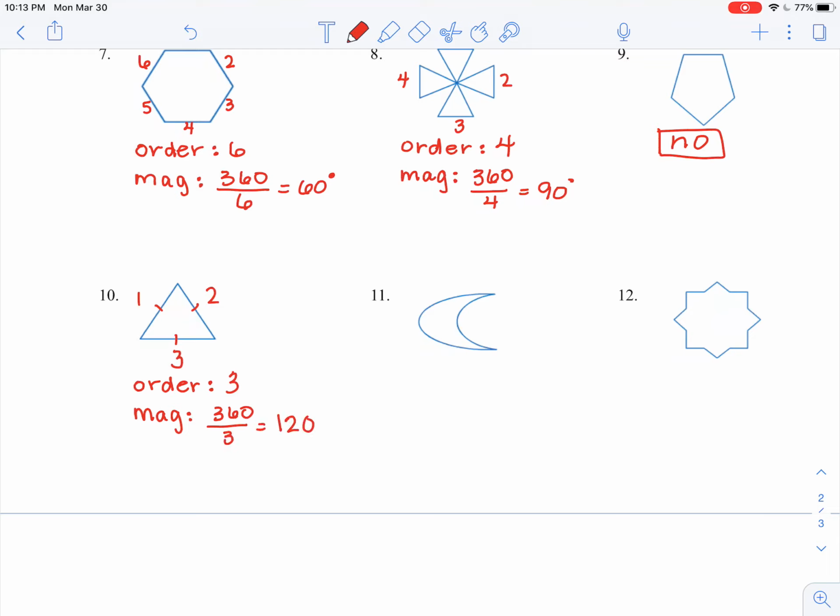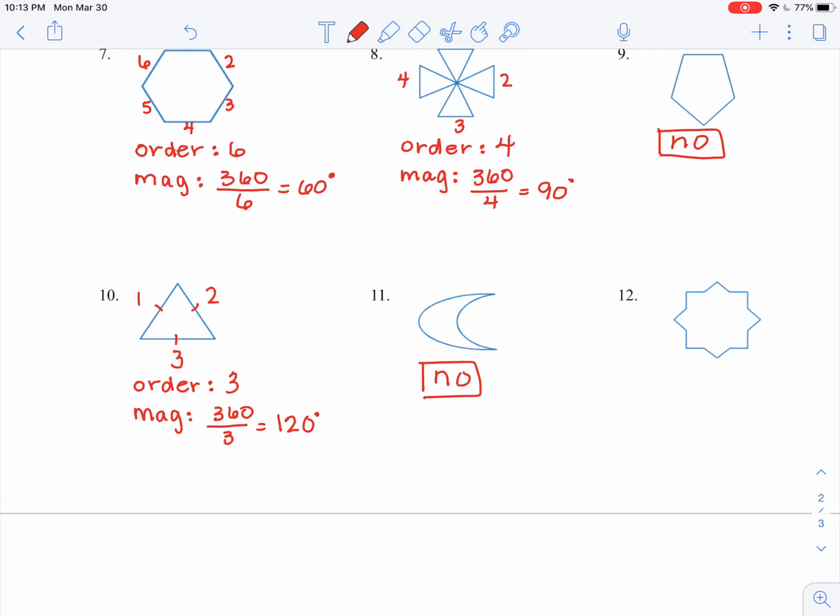So 360 divided by 3 makes the magnitude of our triangle 120 degrees. Number 11, this crescent moon shape does not have rotational symmetry. You cannot turn this shape and end up exactly where it is, less than 360 degrees.